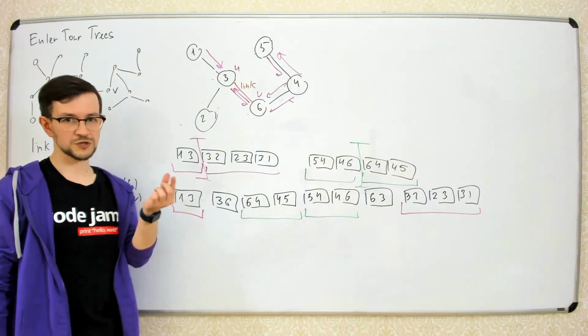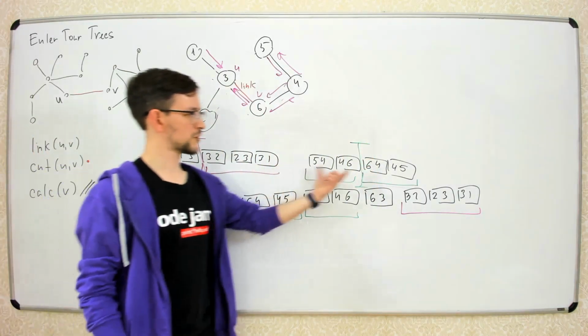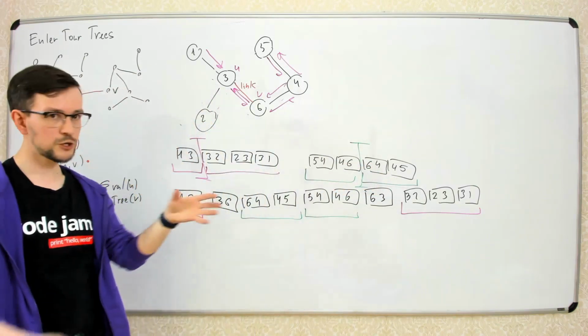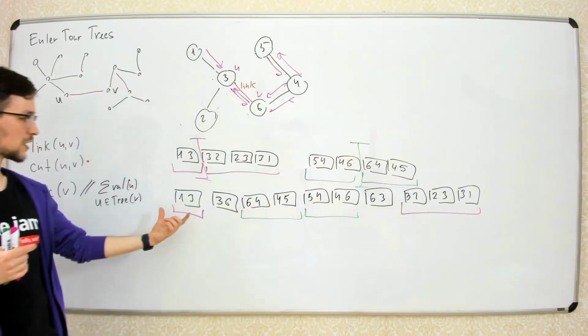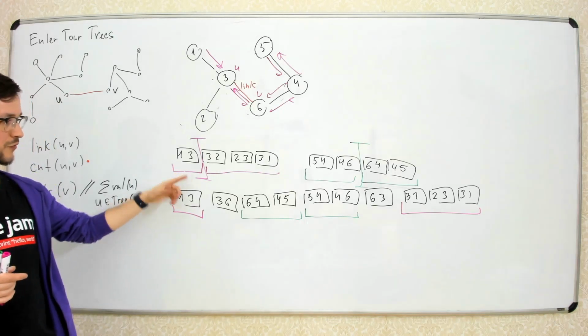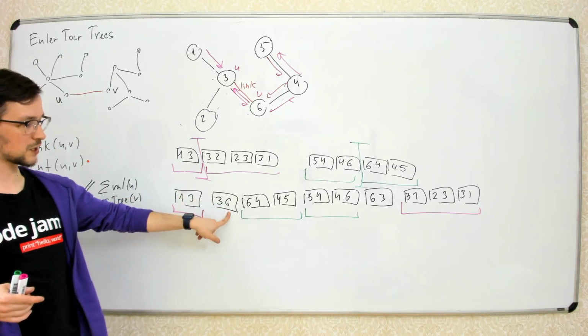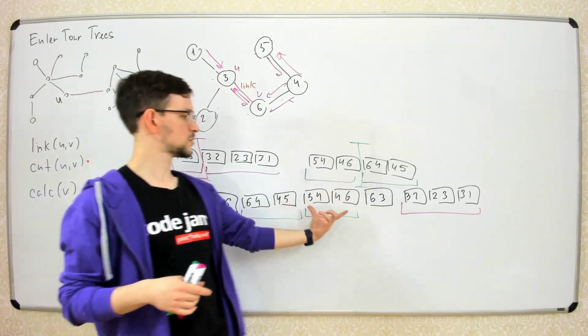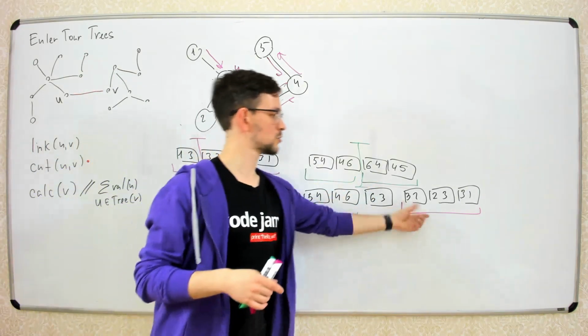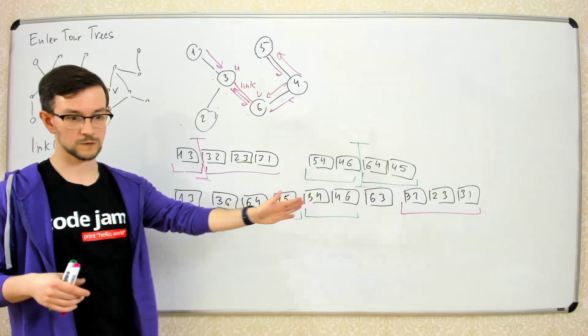Now we have these 4 segments, 1, 2, 3, and 4. And we simply use the segments as a constructor to build this whole Euler Tour. So we take the first part of the first Euler Tour, then go to the second Euler Tour, take this fourth part, then use this third part, then go back and use this second part to finish the Euler Tour.